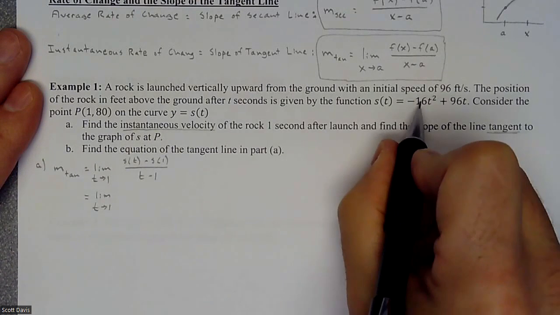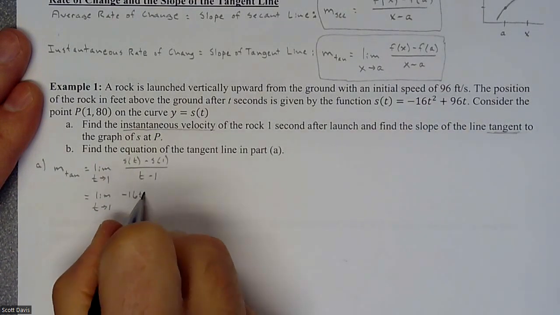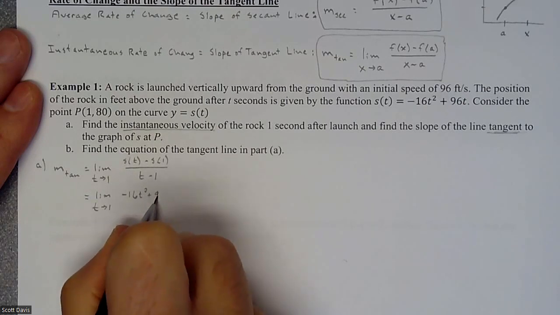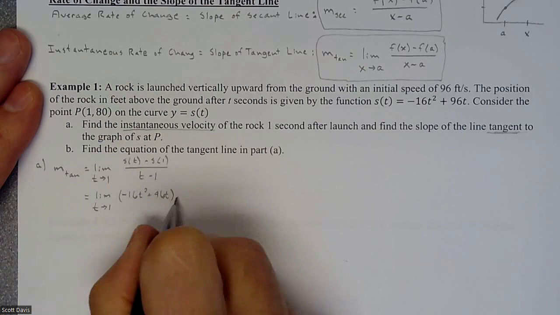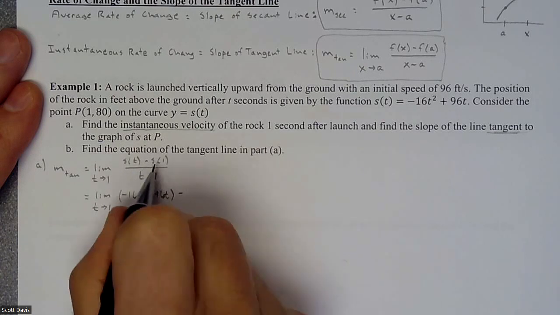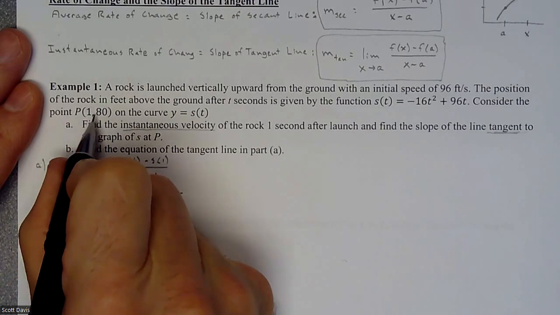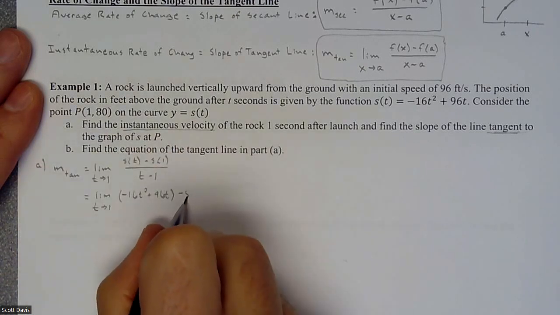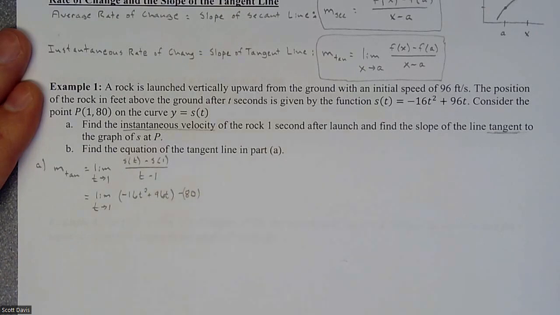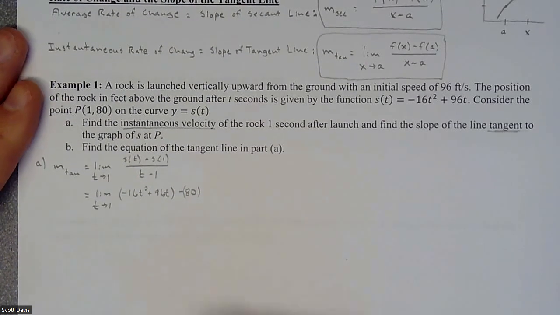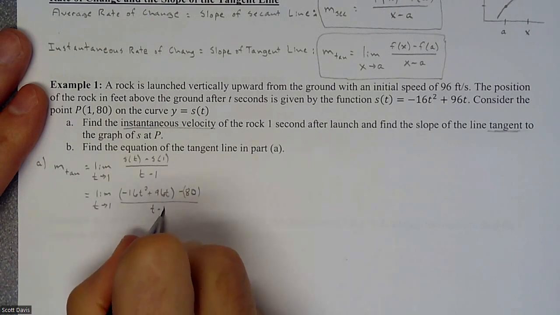So S of t equals negative 16 t squared plus 96 t, and then minus S of 1, which is right here. S of 1 is 80, so minus 80. I like to keep things in parentheses just in case we have to do some distribution. Then divided by t minus 1.